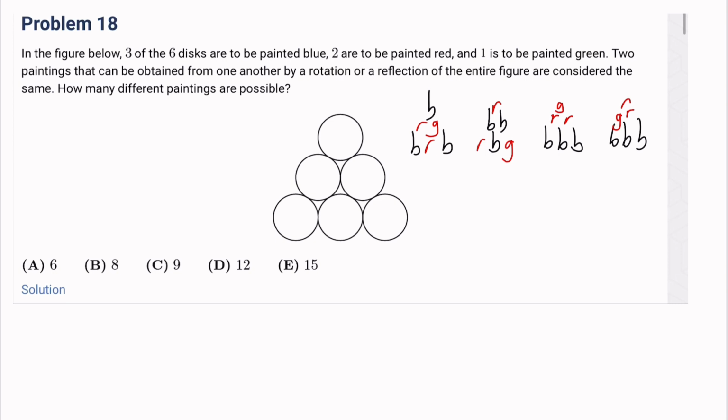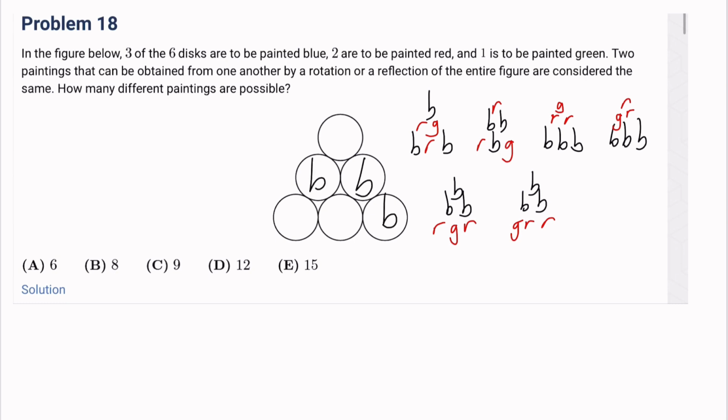And what if the B's are like this? So the 3 will be at the top, and this will be red, green, red, or this can be blue with green, red, and those two will be different because this time G is in the center, but this time G is at the edge, right? So that will be 6 possible things, right?